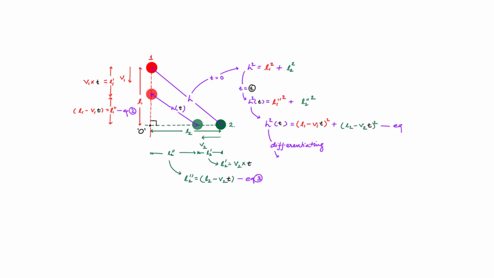So let's do it. On the left-hand side we have h squared, which can be said to be a function of a function of t. You don't get it? Let me explain it a different way. Suppose we have a function z, which happens to be a function of y, and y is a function of x, and we have to find d by dx of z.